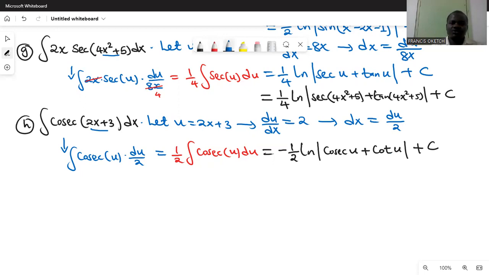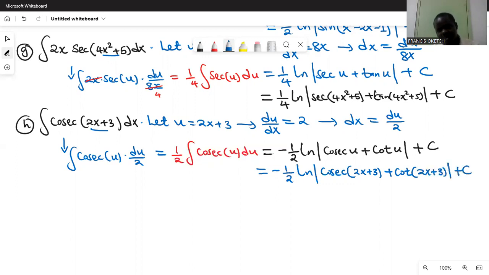When you replace u, you get negative 1/2 times ln of cosec of 2x plus 3, plus cot of 2x plus 3. The same u is 2x plus 3. Then we add a constant c of integration.